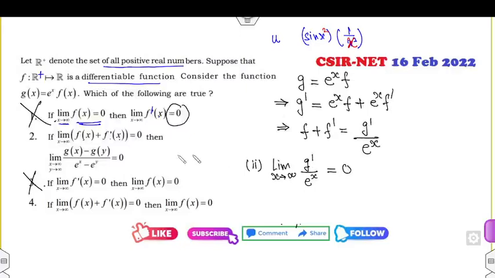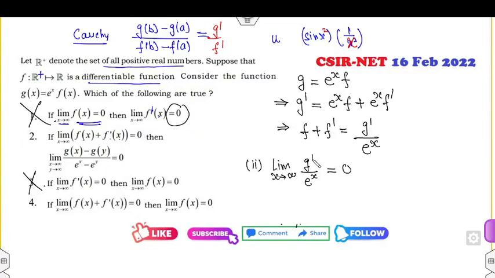Fine. Now, then very simple. What comes to your mind when you think about the term g(x) minus g(y) over f(x) minus f(y)? That is the Cauchy mean value theorem. If you remember that, g of b minus g of a over f of b minus f of a comes to be g dash over f dash.